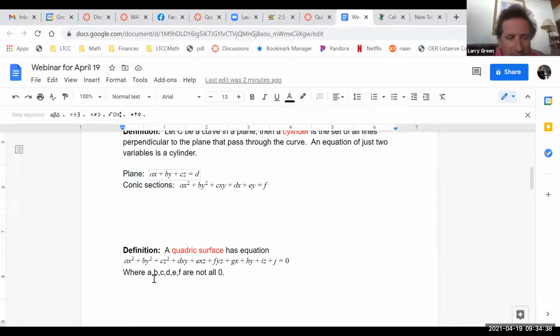And we're going to say that not all of A, B, C, D, E, and F are 0. If those are all 0, you just get a plane, and we don't call that a quadric surface. So that's the definition.